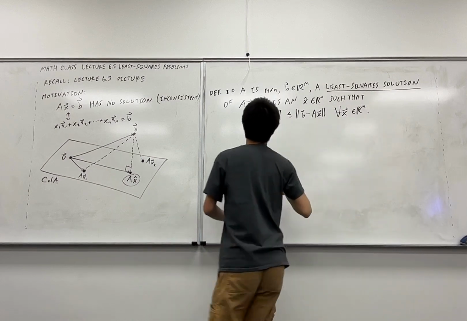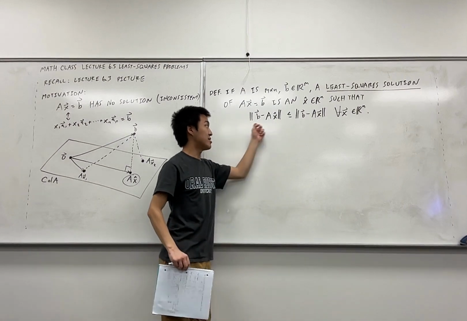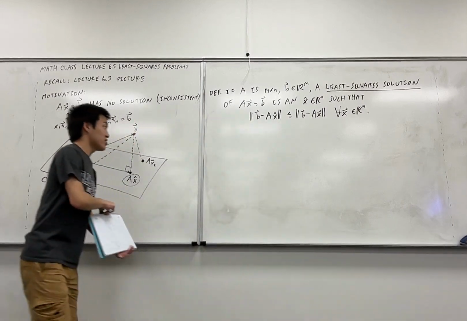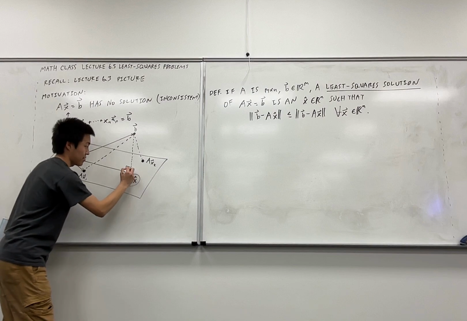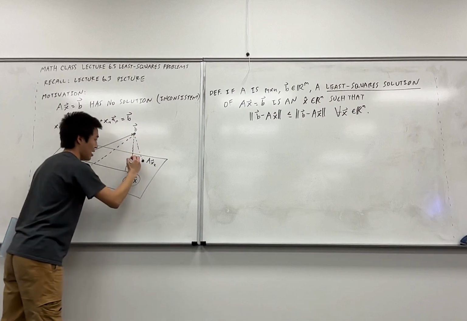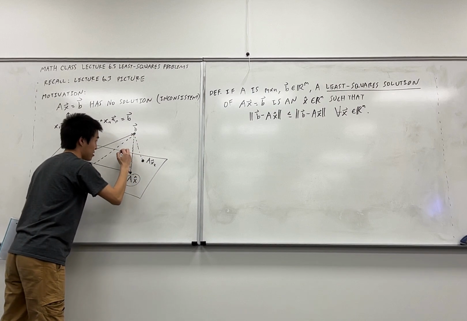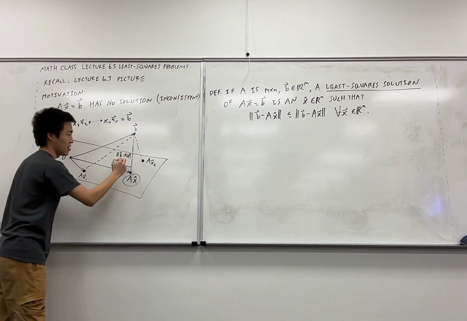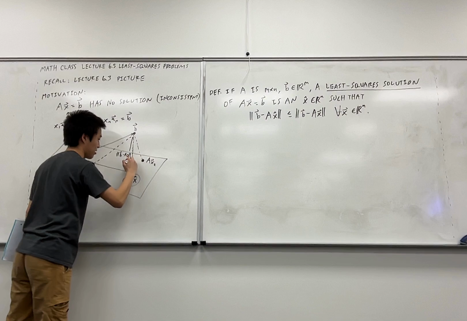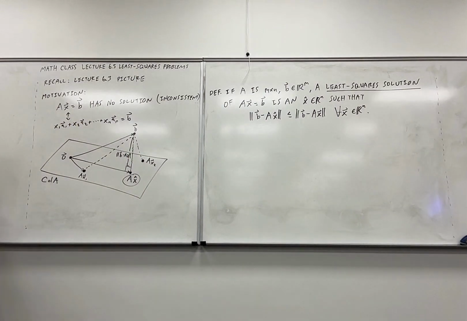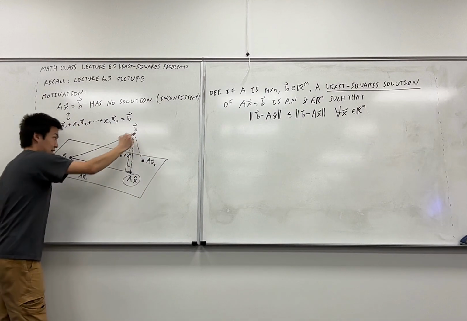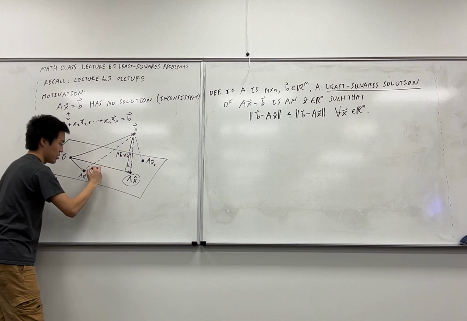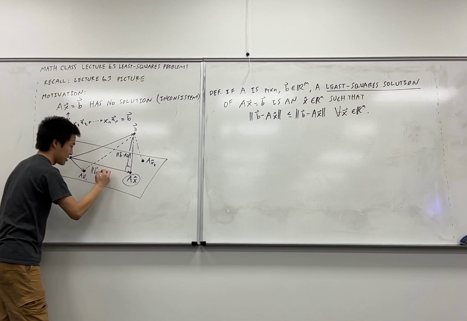Okay? Think about these as distances. What each of those are, this dotted line right here, that is the distance between B and AX hat. Okay? That's what this distance is, here down to there. Whereas this really long diagonal distance would be, for example, the distance between the vector B minus AX1.